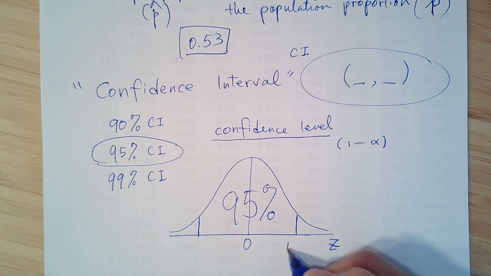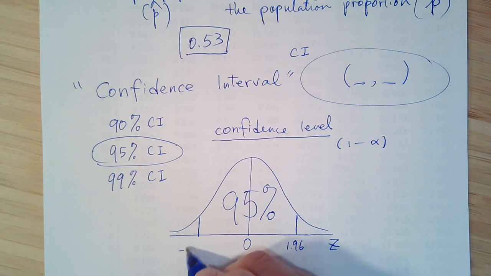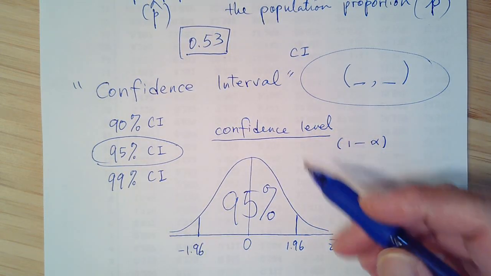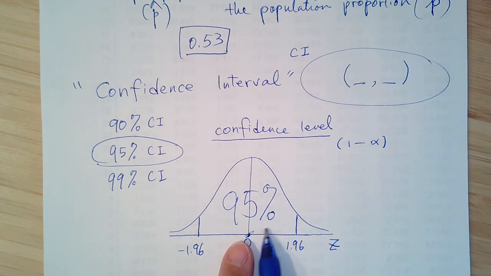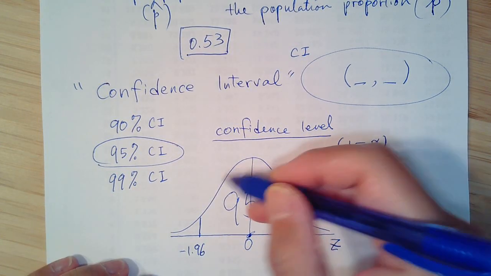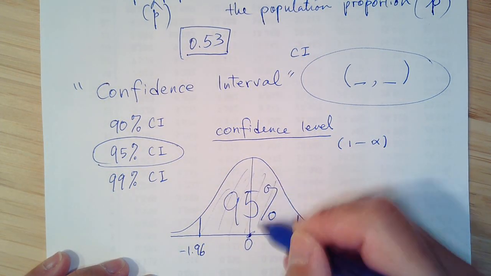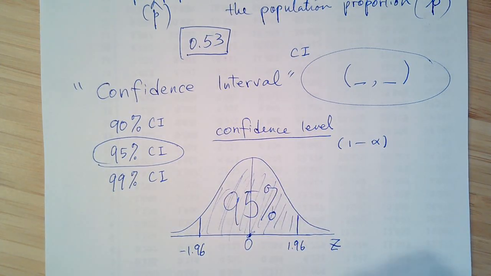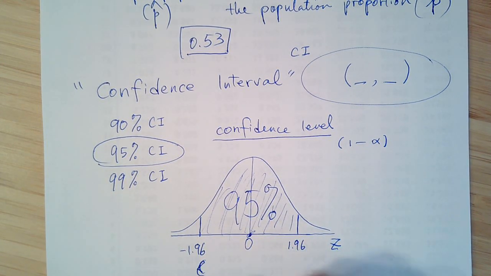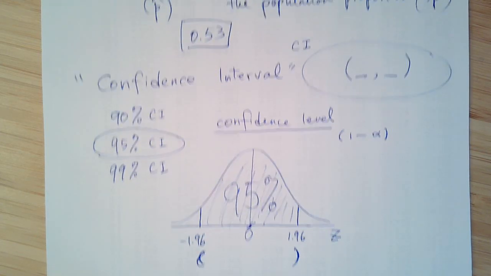If you remember, here's 1.96, here's negative 1.96. It seems like the magic number to you, huh? That will be 1.96 above the mean or 1.96 below the mean. And this is 95%, and from here to here, that's your confidence interval.